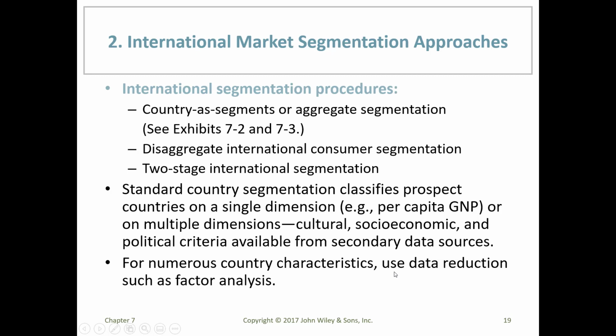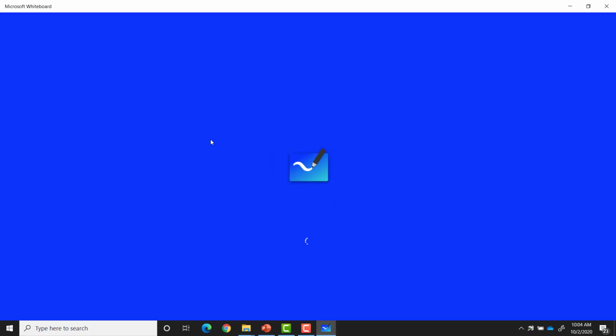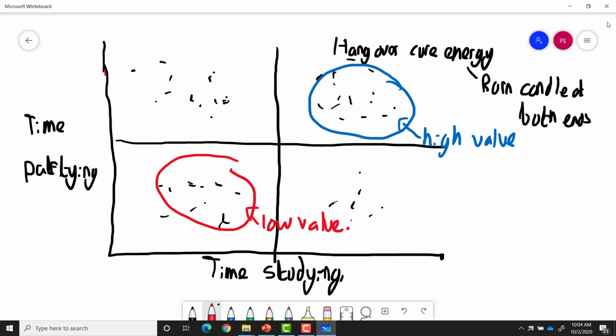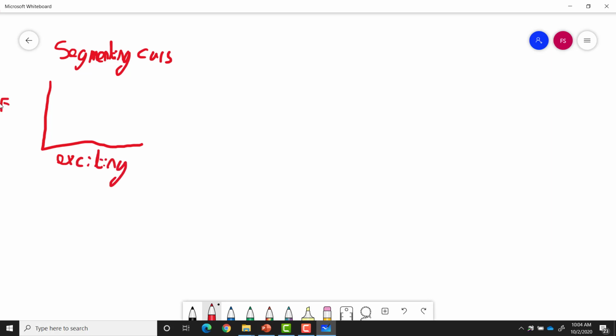Now, we've been doing scatter plots here, and I'll show you this with my whiteboard. This was a perfect slide to come back to: these scatter plots for segmentation and grouping. But imagine we were segmenting cars based on consumer perception, so how exciting they are and how family oriented they are.